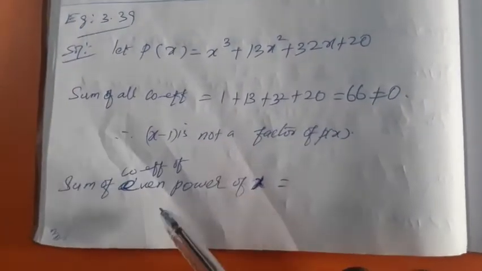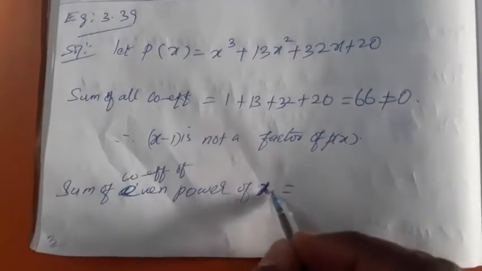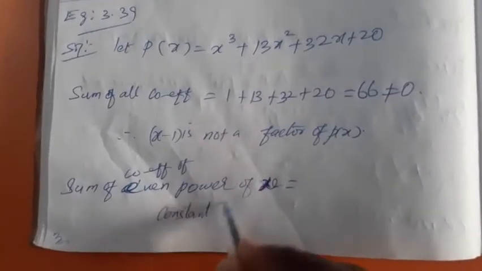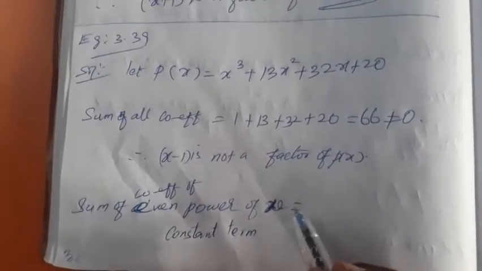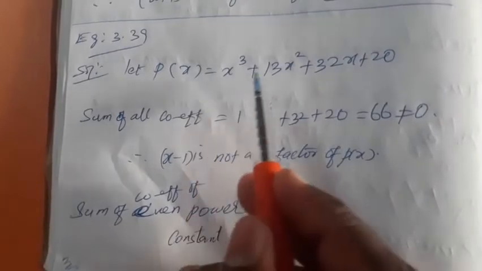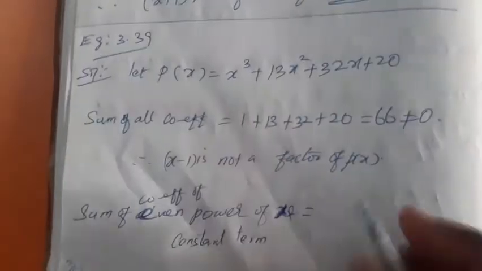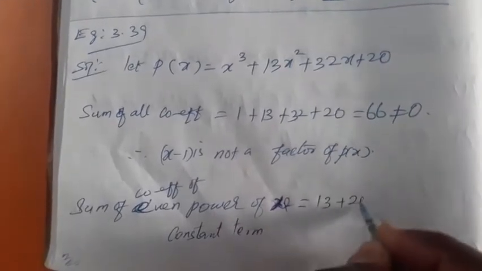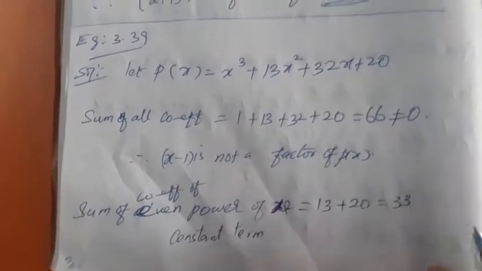The even power of x is x square, so 13, and the constant term is 20. Adding, we get 33.